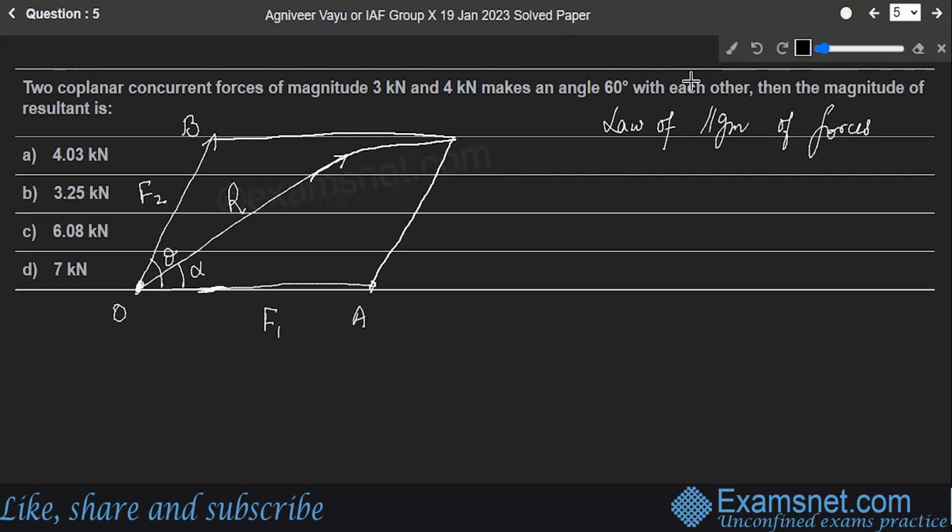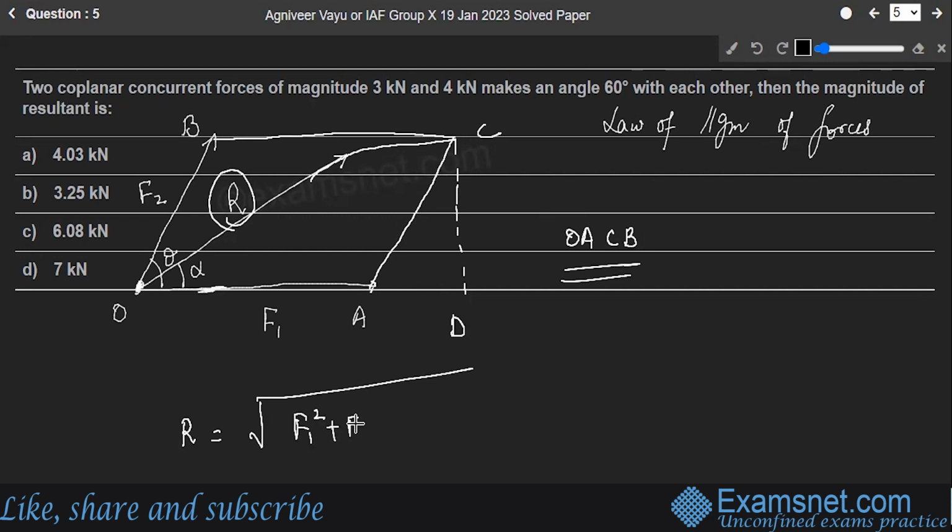Let's name this one OA, and let's say this is C. Okay, OAC, and I'll drop a perpendicular from here. This is D. Now, if the parallelogram OACB is completed, then this is your resultant force, which is represented by the diagonal OC, vector OC, right? And R is given by root of F1 square plus F2 square plus 2 F1 F2 cos theta.